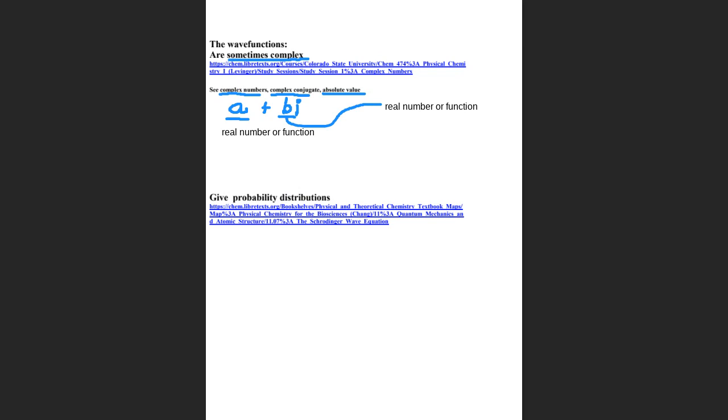Any complex number has a complex conjugate. Now you will need to know that to make a conjugate, replace i with negative i.